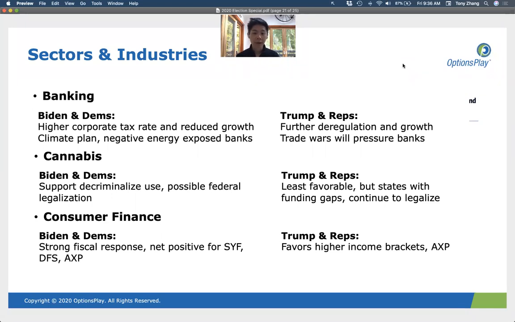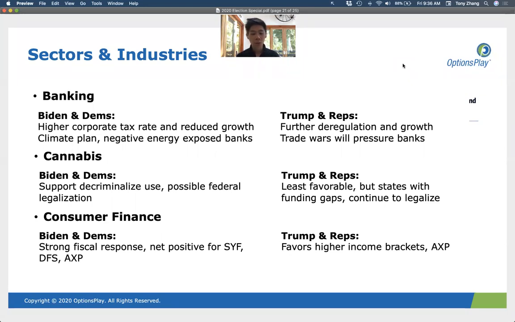But under a Biden victory, especially a Democratic victory, this is really where we see the biggest potential net positive for the cannabis industry, for possible legalization. If that does happen, I would say it would put a huge boom on some of the large players here, Canopy and Aurora in the cannabis space. Under a Trump and Republican administration, this is really the least favorable outcome for the cannabis industry.